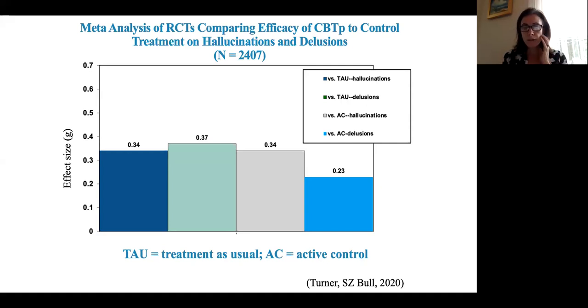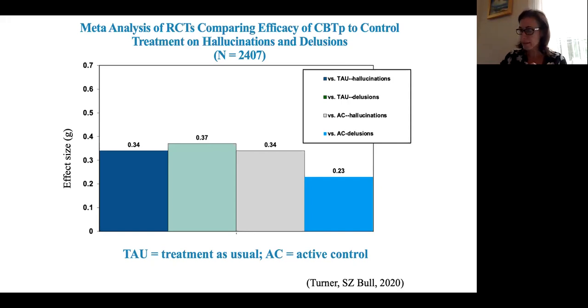So what we're getting is a pretty consistent picture of an effect size of about 0.3 for schizophrenia. So it's important that we don't oversell the benefits of CBTp. But what this slide shows us is if we don't have something better, this is outperforming other active treatment controls. So it's certainly something to offer people.